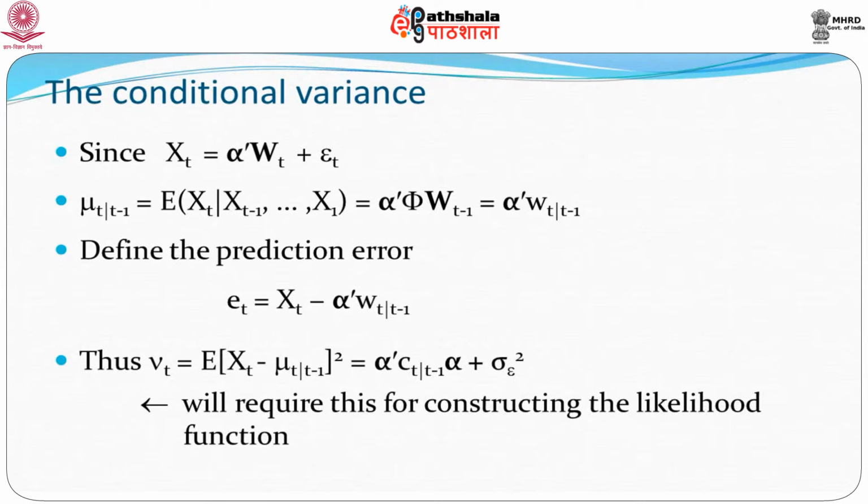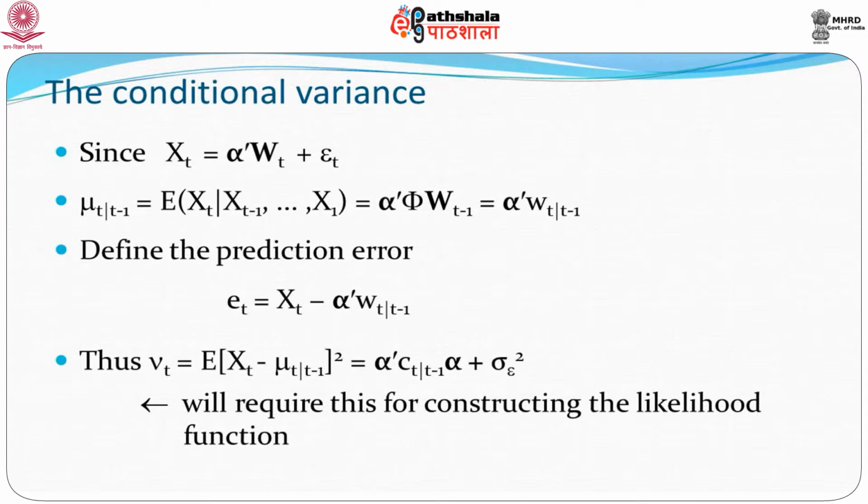So, that would be the conditional mean given the past, and we will define the prediction error E t as x t minus this conditional mean. Therefore, it is x t minus alpha prime W t given t minus 1.